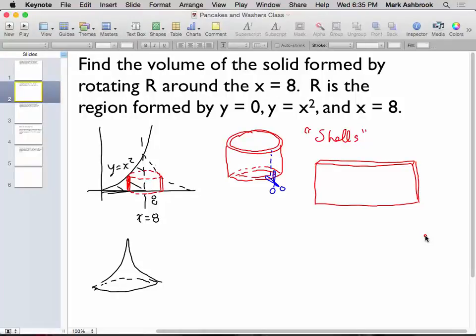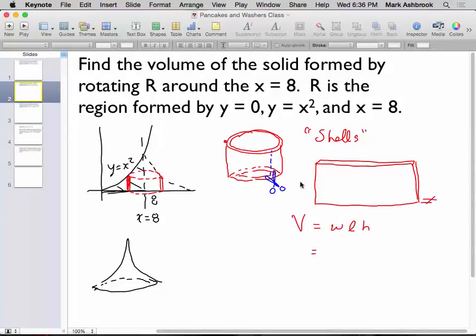The volume of a shell is going to be width times length times height. So I'm calling this right here the width.